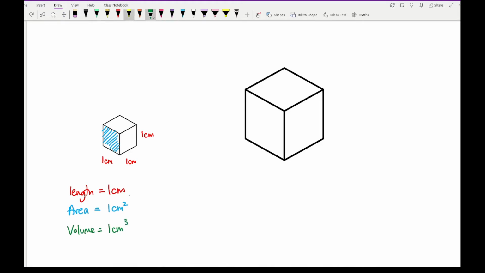Now let's say we're going to enlarge this shape by a scale factor of 2. So here we've now got a length of 2 centimeters by 2 centimeters by 2 centimeters, because all the lengths will be enlarged by 2, because that's the scale factor. So here we've got a length of 2 centimeters.